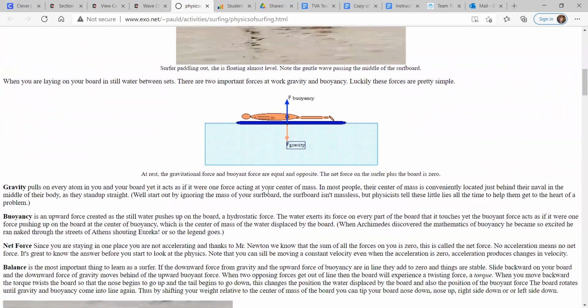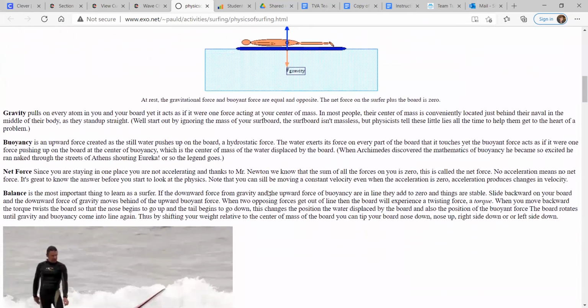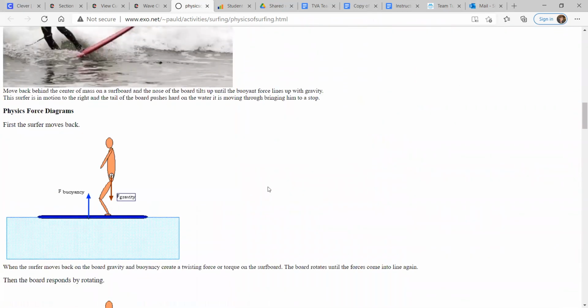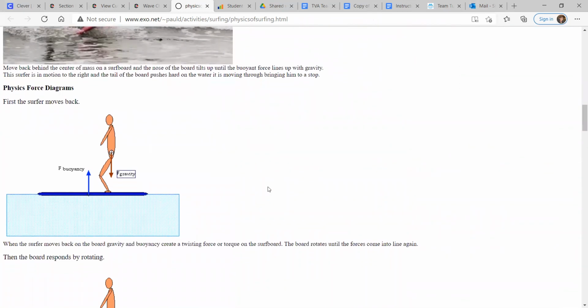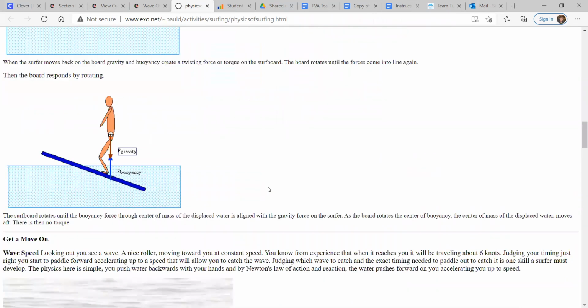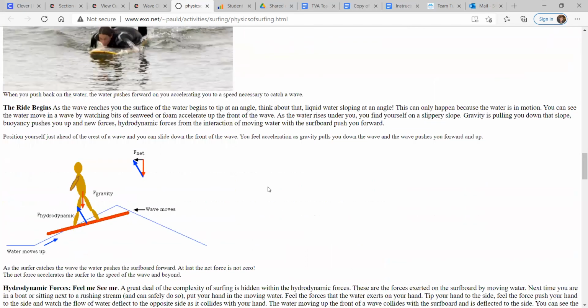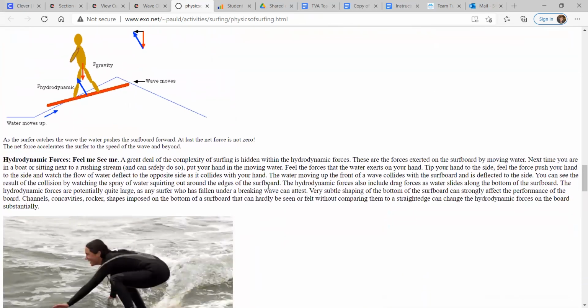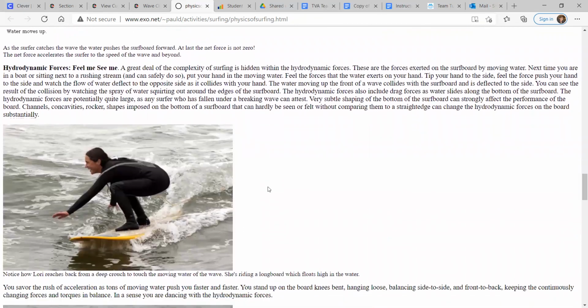And it talks about gravity, the buoyancy, the net force, balance, a lot of interesting stuff. Force diagrams. Always remember to draw force diagrams. And it actually gets really into depth, why surfing works the way it does.